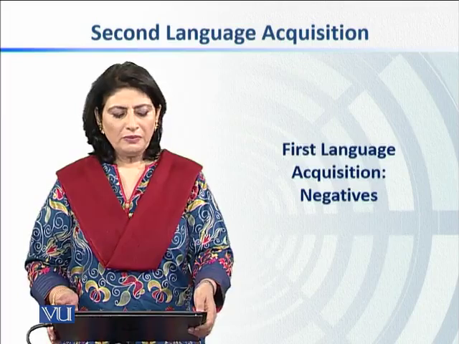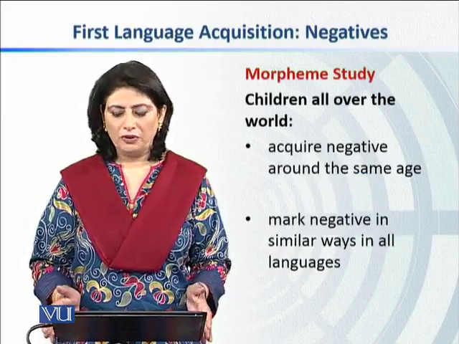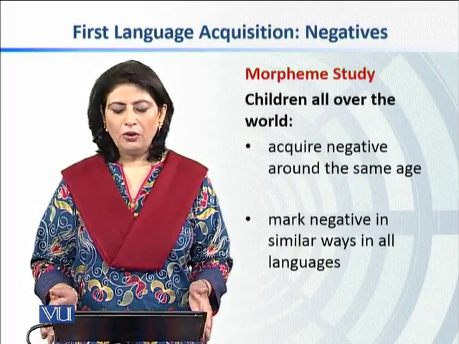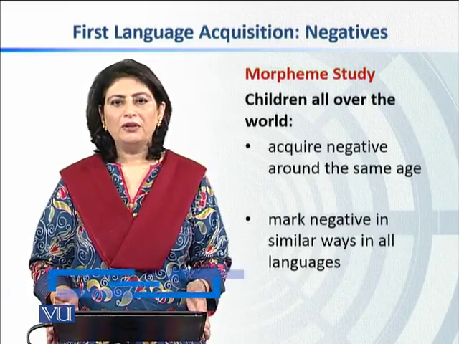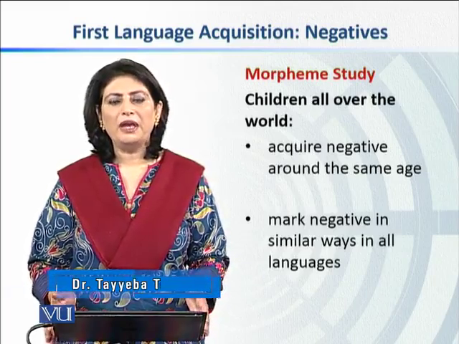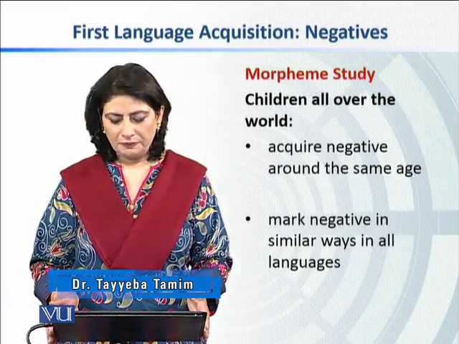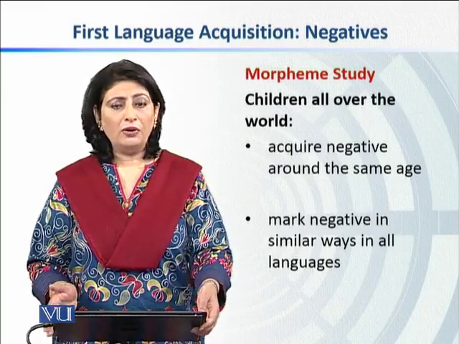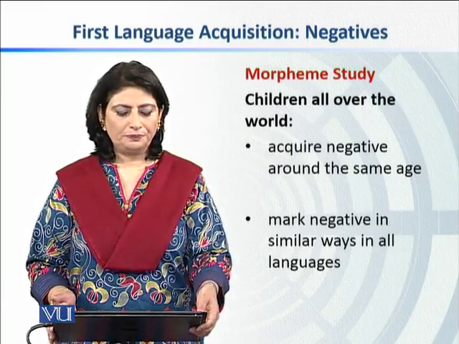In a morpheme study, that is, looking at the smaller units of the word, it was realized that children all over the world acquire negatives not only at the same age, but also in the same pattern. Not just the English language, but in all languages.